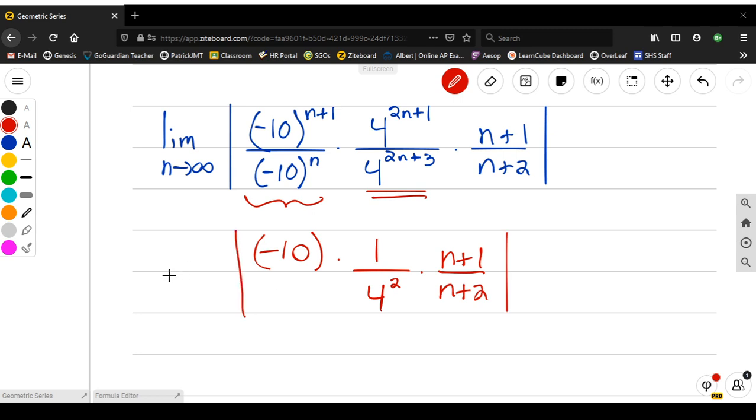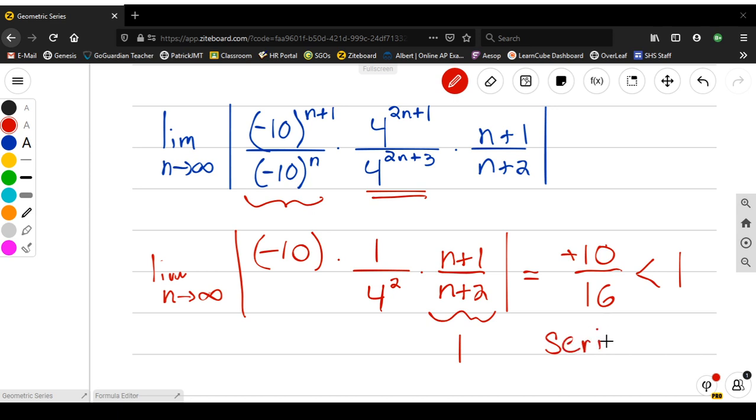We're taking the limit as n goes to infinity. And this is just going to be 1, right? Because it's a polynomial over a polynomial. You use leading coefficients. We're going to end up with negative 10 over 16, but absolute valued, so that's a positive 10 over 16. That happens to be less than 1. So the series here converges absolutely.